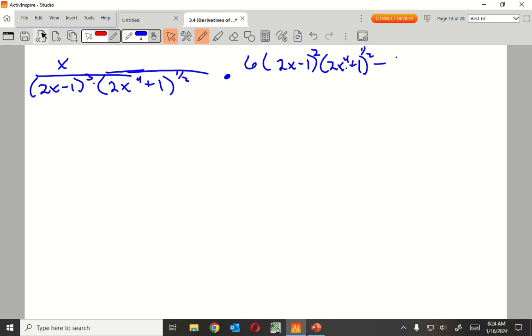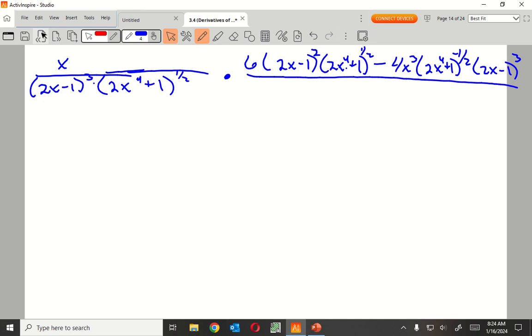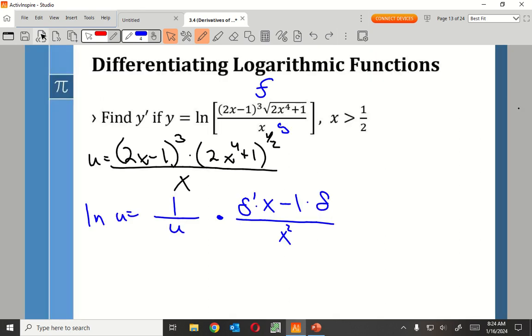Now it's going to be, is it 4x cubed? Two x to the fourth plus 1, negative 1 times 2x minus 1 cubed. Over f prime times x.